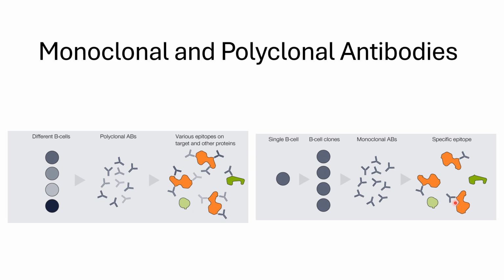Due to their specificity, they display very low cross-reactivity, but are comparably insensitive as every target protein is bound by only one antibody. Polyclonal antibodies originate from a pool of B cells. They recognize a variety of epitopes on the target protein, which increases sensitivity but might bind to epitopes of other proteins than the one of interest.